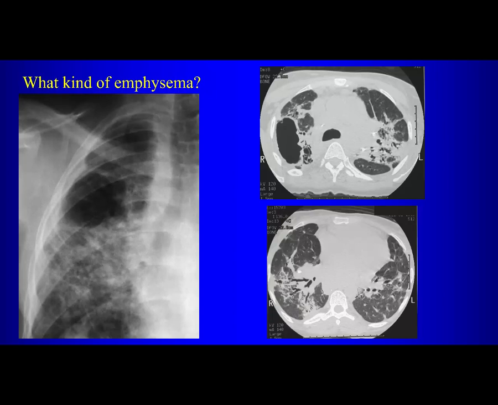So what do you think we're looking at? Fibrosis, right? So there's traction bronchiectasis here associated with these opacities. By the way, what are these calcifications? Calcified lymph nodes. What do you think the patient's underlying disease is? TB. Well, yeah, it could be TB, but this was a case of sarcoid.